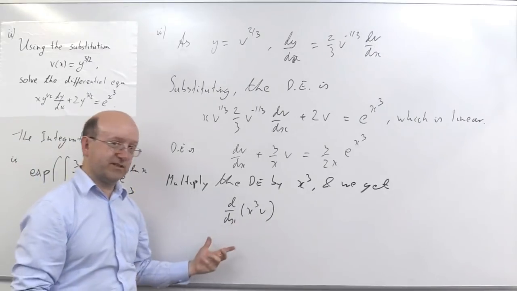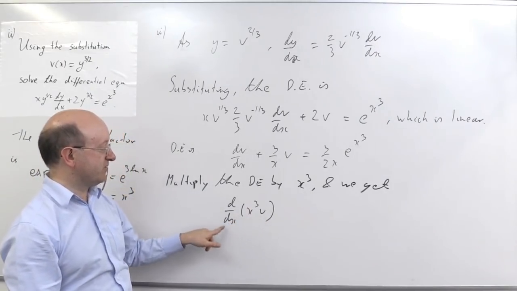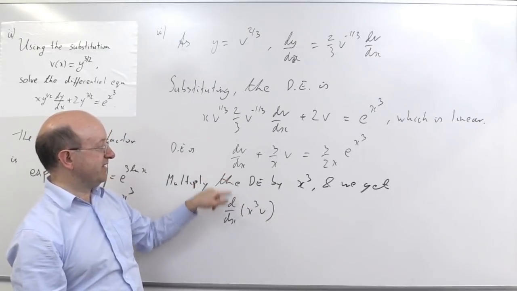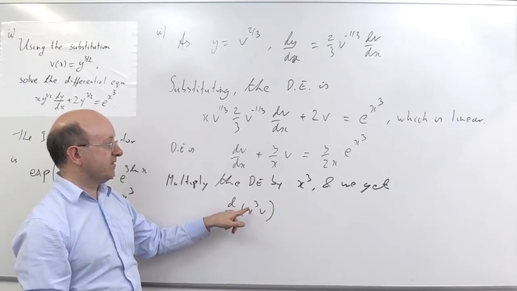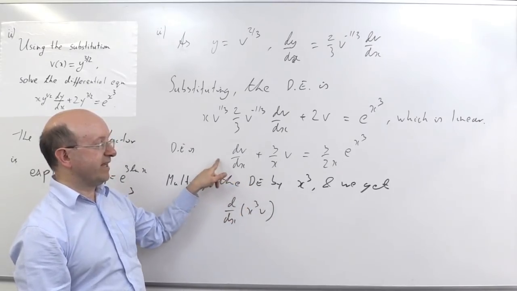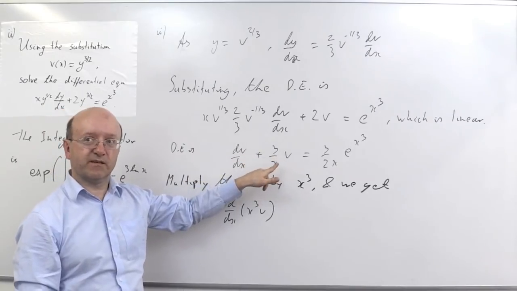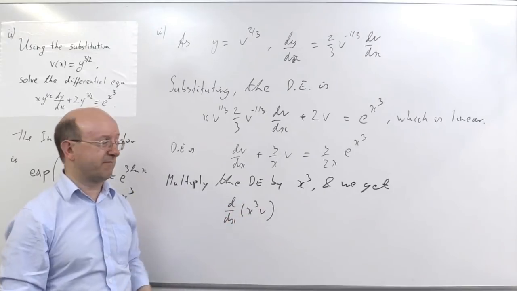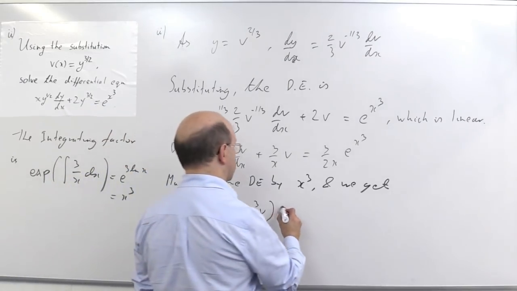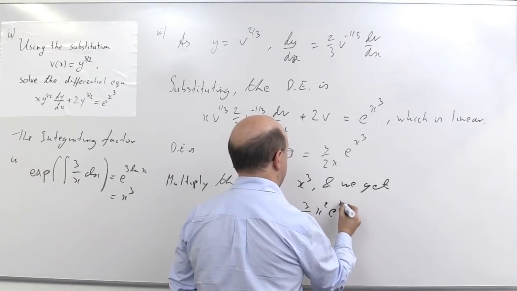The whole purpose of this, as I said, is to make sure this is what you get here. And if you apply the product rule to this, you'll get x cubed times dv dx plus 3x squared times v. And that's what you'd get if you multiply this thing through by x cubed. You get x cubed here and a 3x squared v. So it's basically undoing a product rule application. And on the other side, we get 3/2 x squared e to the x cubed.